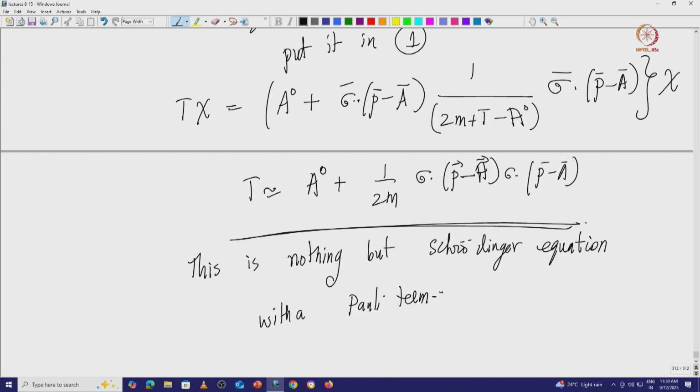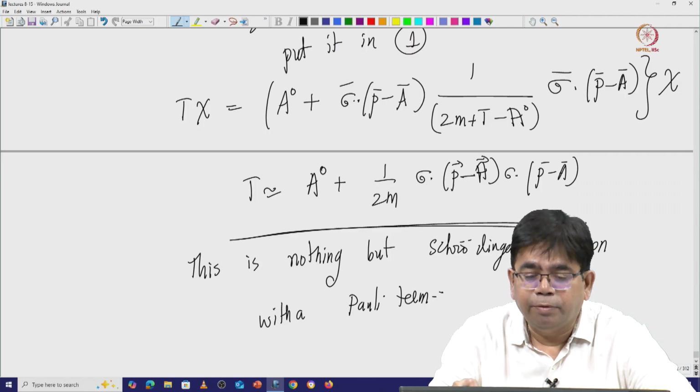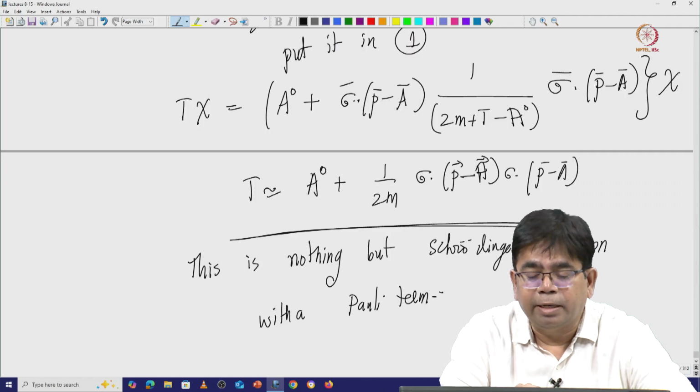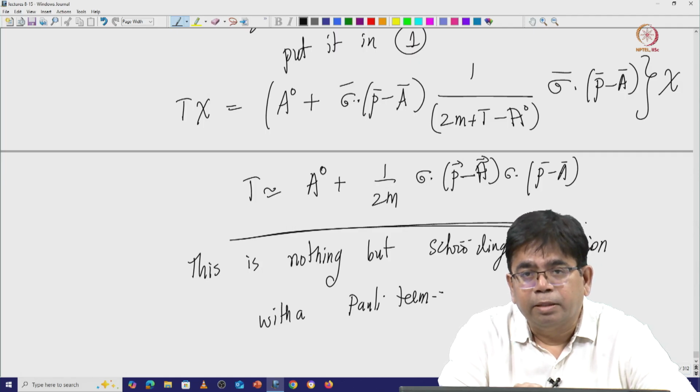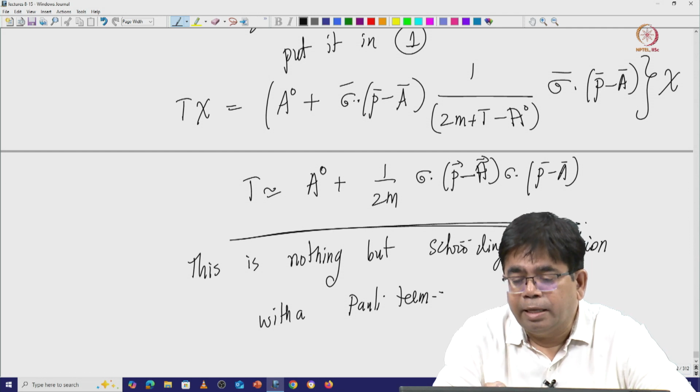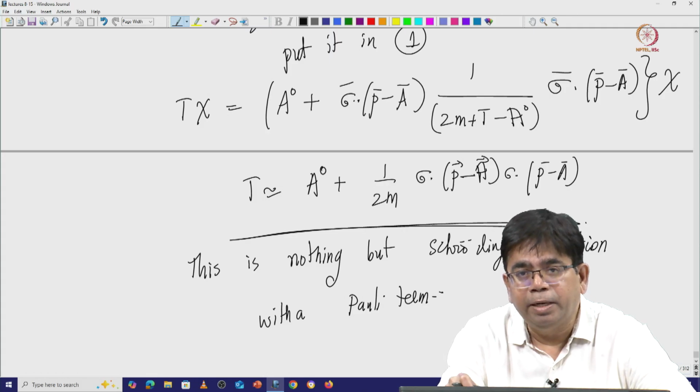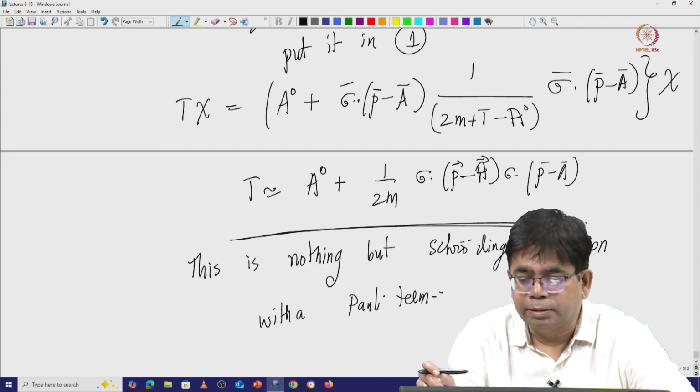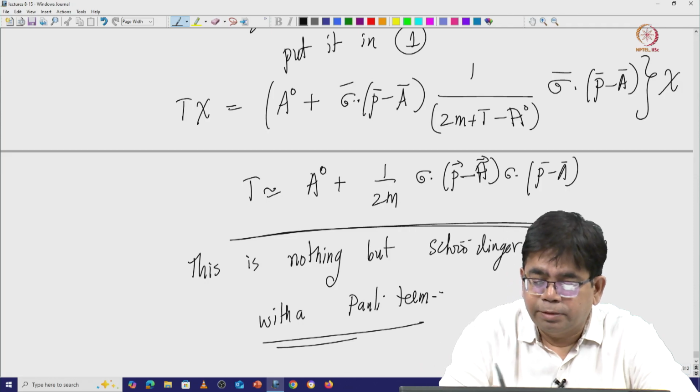The sigma dot p just becomes a double derivative, and this is 1 by del t, and A0 is nothing but the scalar potential phi, and A bar gives your sigma dot b term, which is your Pauli term.